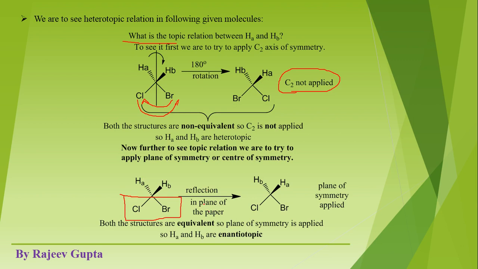So this reflection plane, which is the plane of the paper or plane of the screen, the plane in which these three atoms chlorine, carbon, bromine are present, we apply that mirror plane where these both homotopic ligands form mirror images of each other. So when we apply this reflection, we see that the configuration we get is equivalent to the first one. So the plane of symmetry is applied. So we say that HA and HB are enantiotopic.